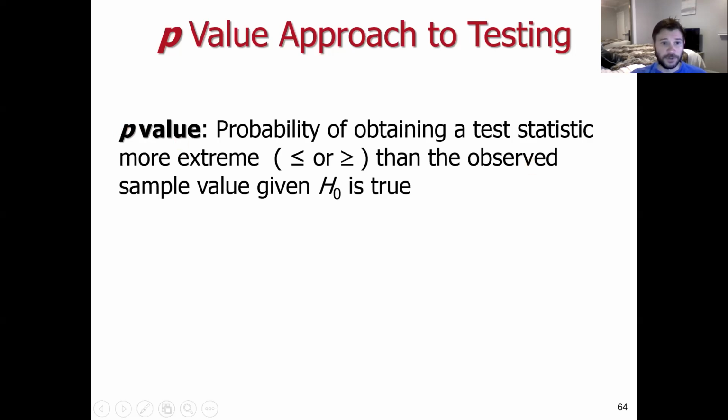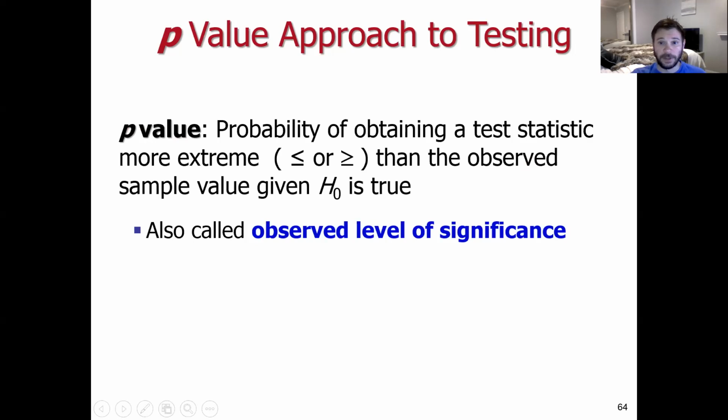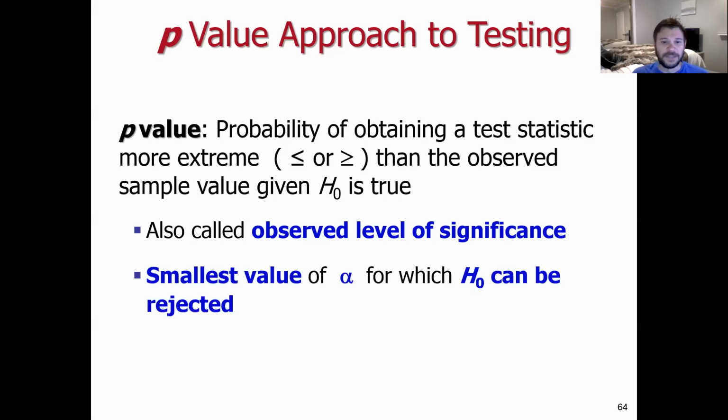It's also referred to as the observed level of significance in the test. And it also happens to be the smallest value of significance for which the null hypothesis can be rejected. It is the smallest value of alpha for which we can reject the null hypothesis.